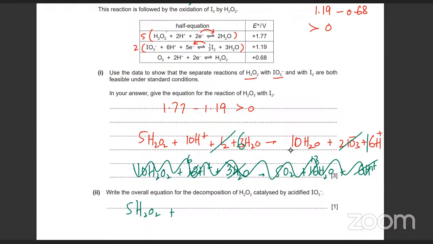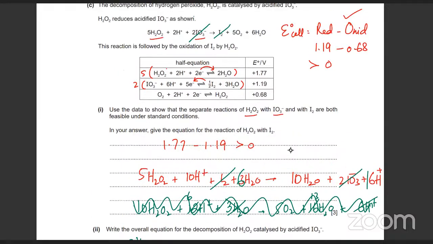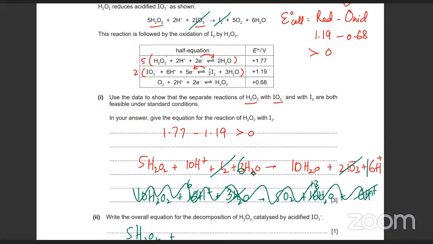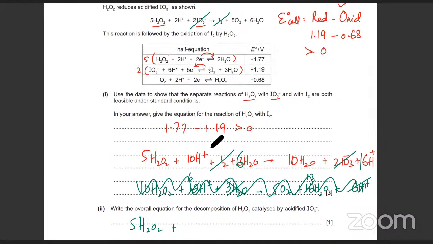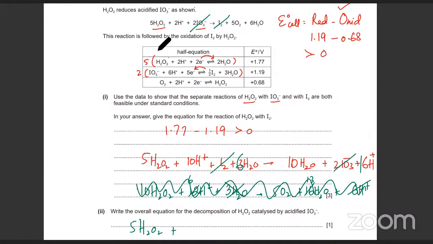I2 already cancelled out. Oh, I had to add all of them up. Okay, one second, this confusion. Okay, 5 H2O2s over here, that's 10 H2O2s. 2 H plus 1, 10 H plus 1, that's 12 H plus 1. Okay, that's still there. IO3 minus 1 gets cancelled out, that's gone.